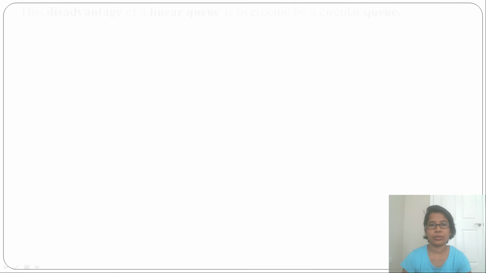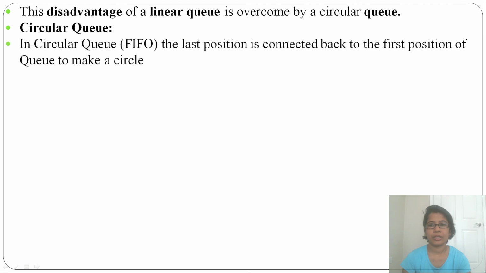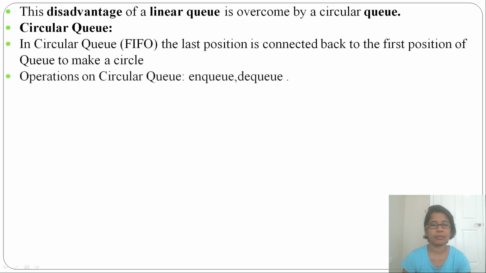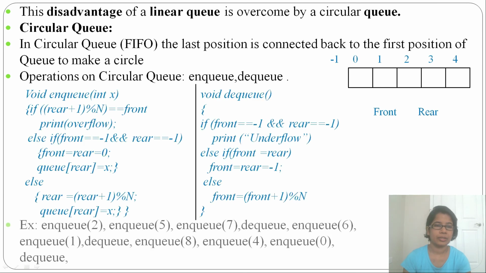So let's go to circular queue. In a circular queue, the last position is connected back to the first position of the queue to make a circle. The operations on circular queue are NQ and DQ, same as the queue. So the structure is same. So next, let's do the coding.